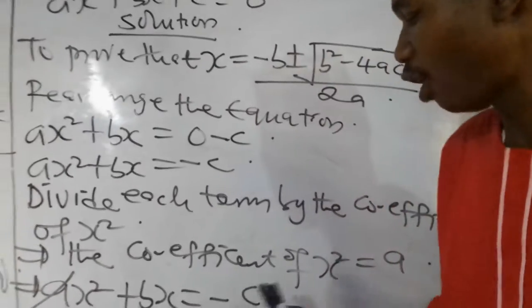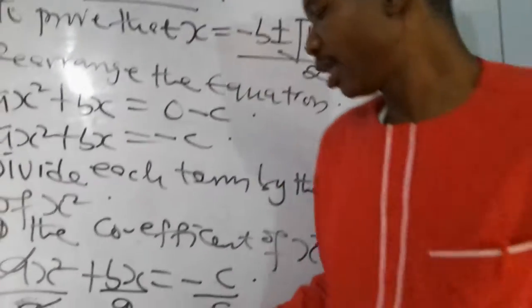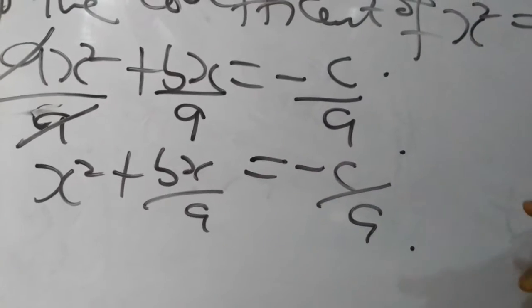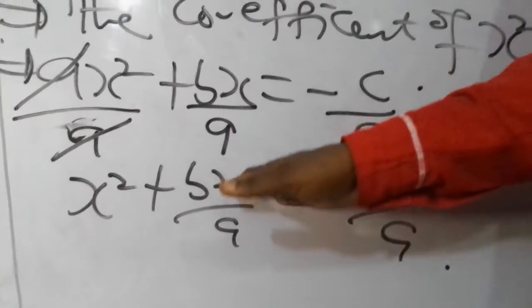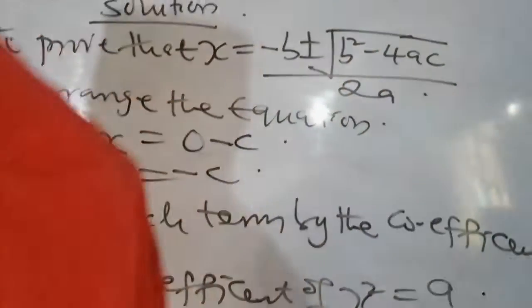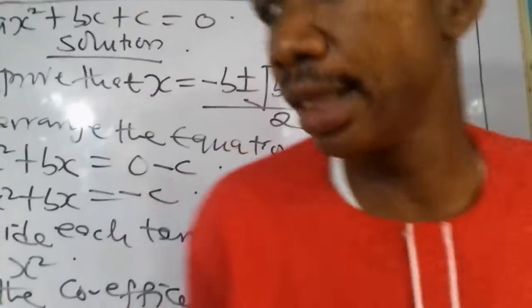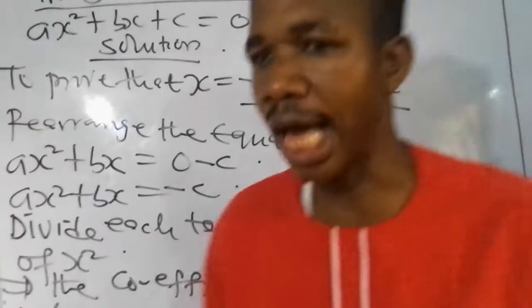The coefficient of x is b over a. Then we square it, isn't it? And add it to both sides.